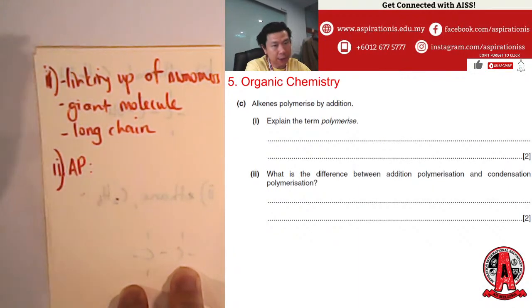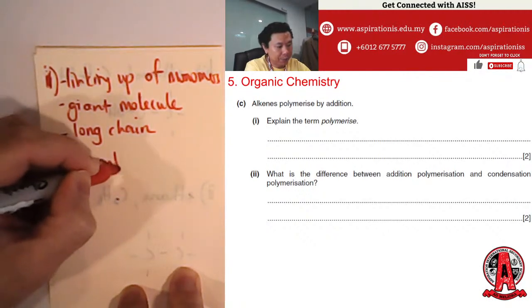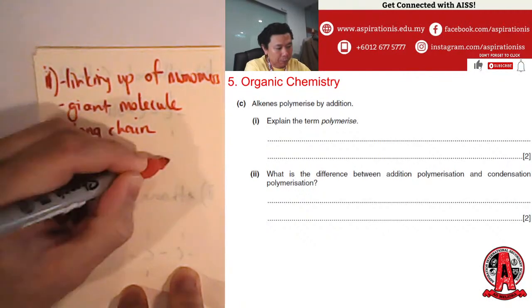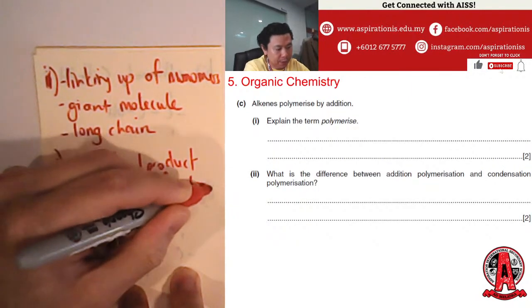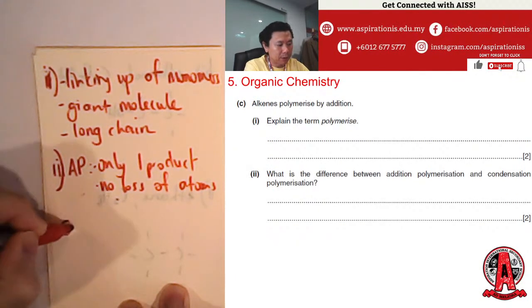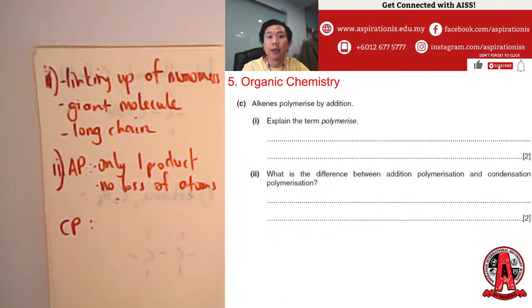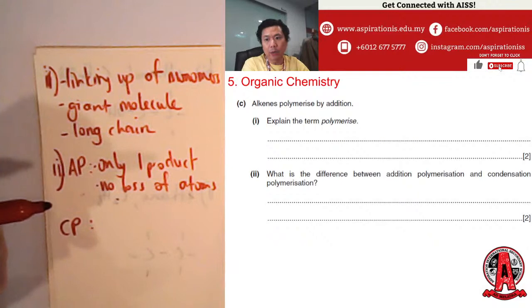So addition polymerization, remember, only one product forms, no loss of atoms or materials. But what about condensation polymerization? Put the definition for condensation polymerization in the chat. Can you be a bit more specific, please, Manraj? Yes, so you get more than one product.